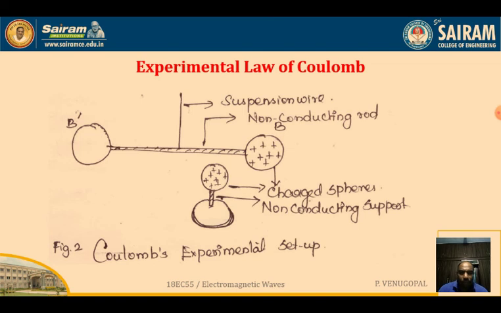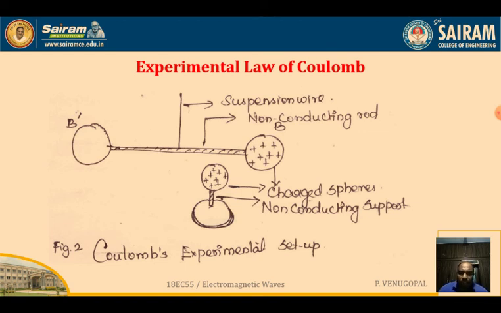Experimental law of Coulomb. Charles Augustin de Coulomb, the great physicist, conducted an experiment. That experiment consisted of a non-conducting rod which carries two spheres, one a charged sphere and another its counterpart, suspended by a suspension wire, as shown in the figure.